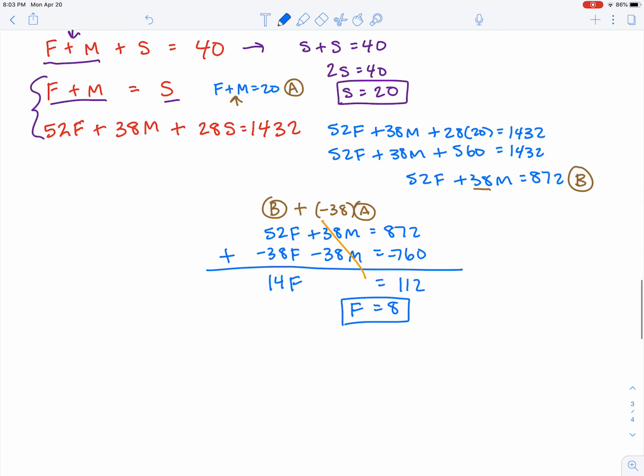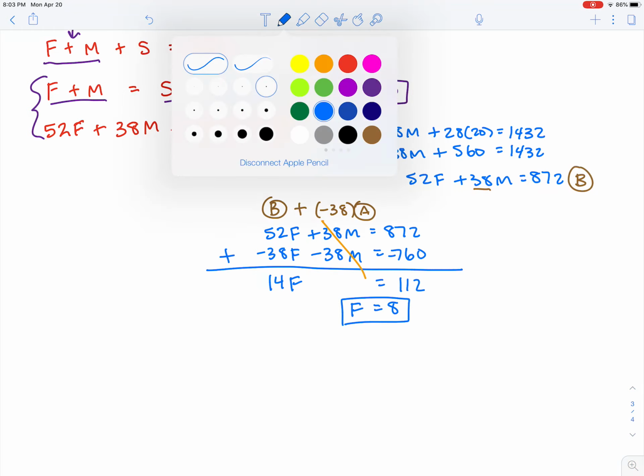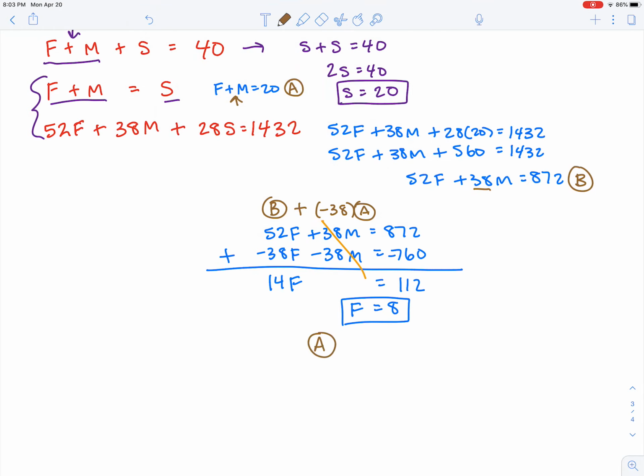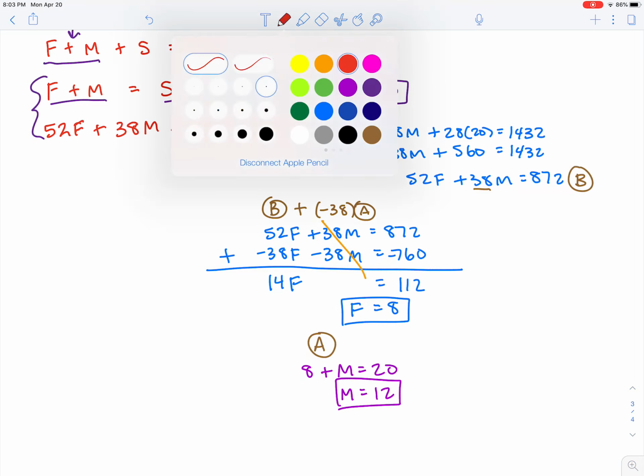Okay, now that I have F equals 8, I'm going to go back to using equation A and just replace F with 8. So here's equation A. So it's 8 plus M equals 20. Subtract 8 from both sides, M equals 12. So now I have all three unknowns solved for, so let's put it together in a sentence.